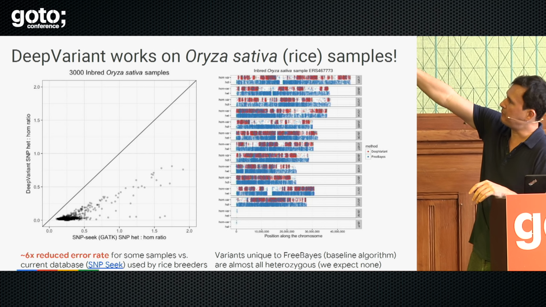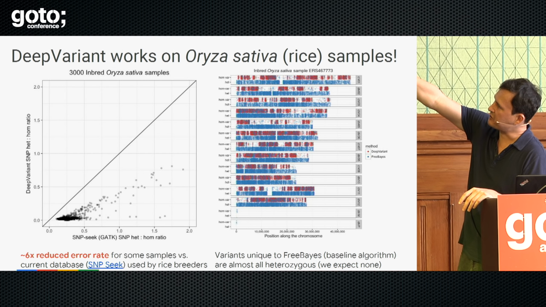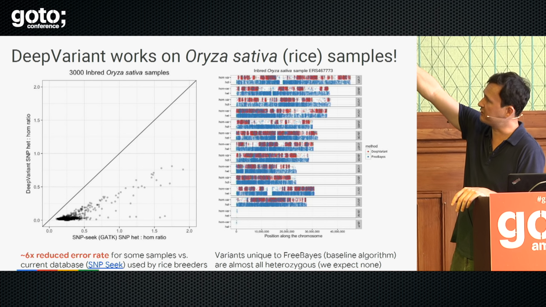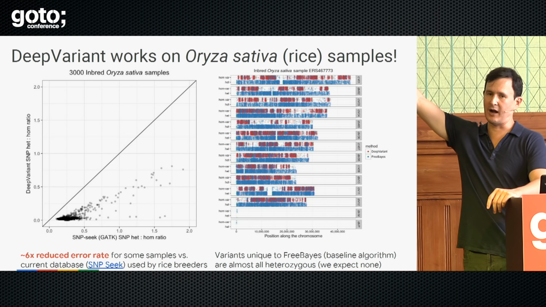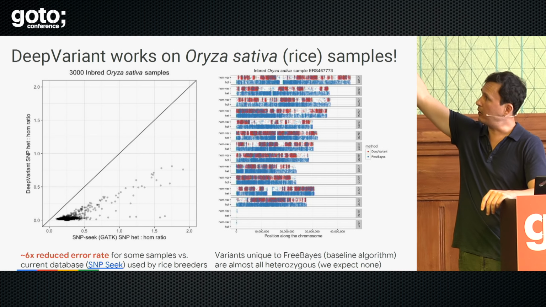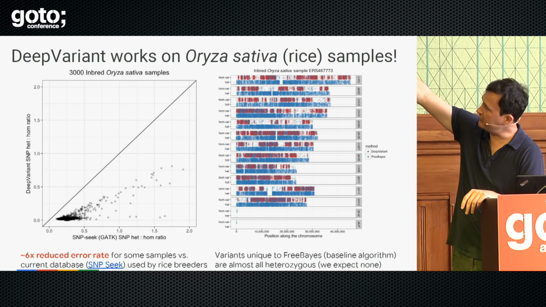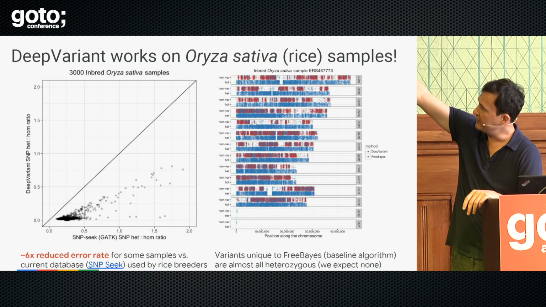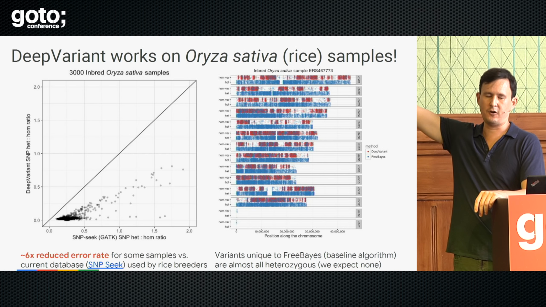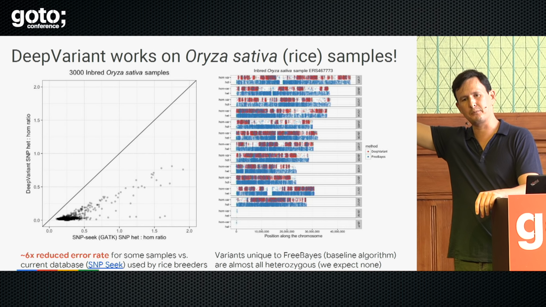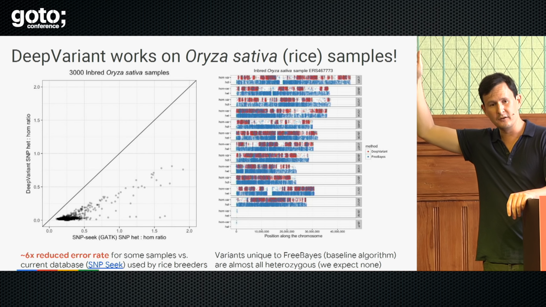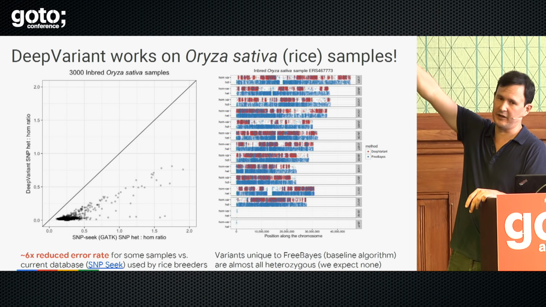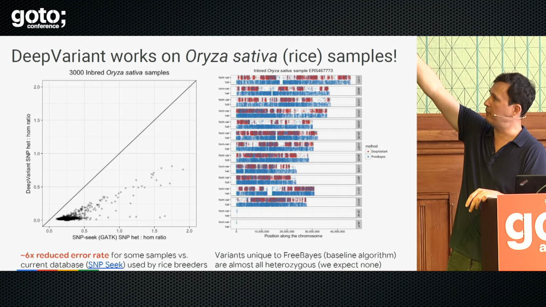But you can see there's actually some bias here, where DeepVariant is not calling very many heterozygotes. It's mostly homozygous, which is why that point cloud is mostly horizontal. The previous best method, labeled GATK here, is making a lot of calls where it thinks there's some genetic variation present, false positives relative to what we know because the plant is inbred, while DeepVariant is not calling so many of these false positives.